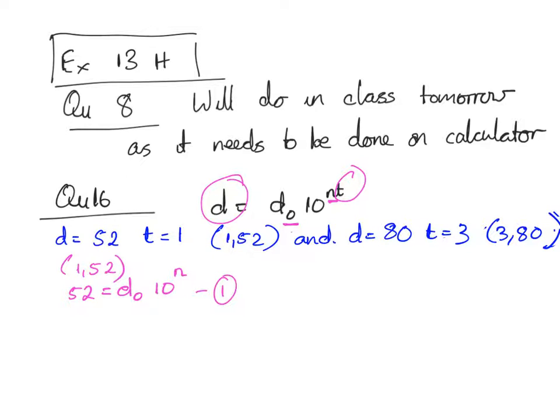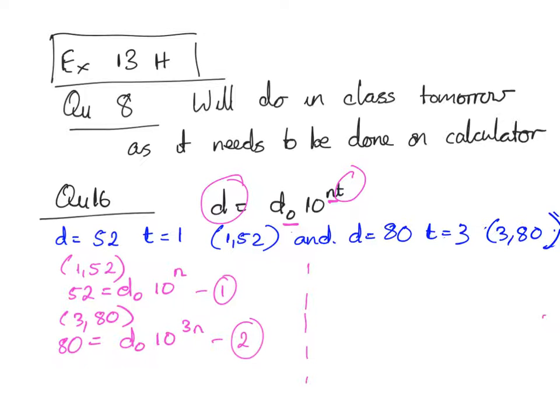My second equation is from the other coordinate, which is 3 and 80. So again, substituting it in, I get 80 is equal to D0 times 10 to the power of 3n, and that is my second equation.